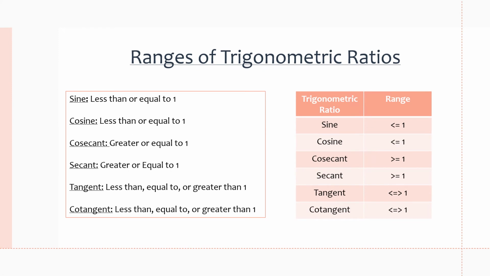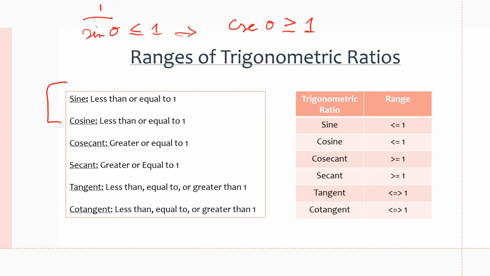Let's quickly go over the ranges for all the ratios. The sine and cosine ranges are going to be less than or equal to 1. And since cosecant and secant are the reciprocal of sine, if sine theta is less than or equal to 1, and we take the reciprocal of that, then if this is a very small number or 1, cosecant of theta is going to be greater or equal to 1.